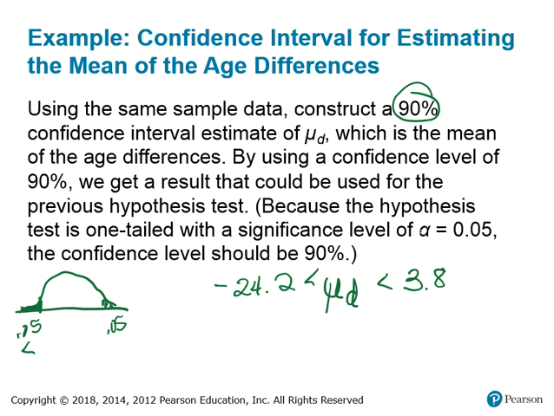Since 0 is in there, we would fail to reject the null, and we end up with the same result as before, that there is no significant difference between the ages of the best actors and actresses. We do not have sufficient evidence to conclude that best actresses are younger than best actors. So both of them are giving us the same result, which should be happening at this point.